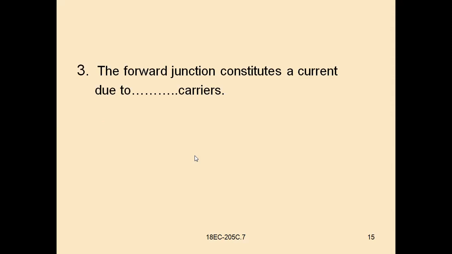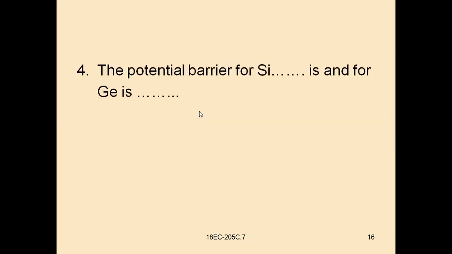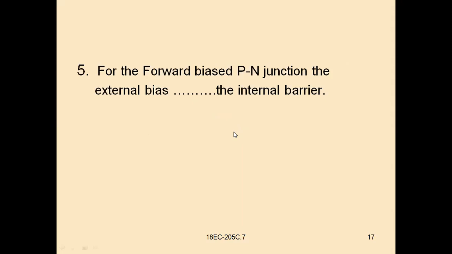Next, the forward junction constitutes a current due to majority charge carriers, right? The potential barrier for silicon is, and for germanium. For silicon it is 0.7 and for germanium it is 0.3 volts, right?